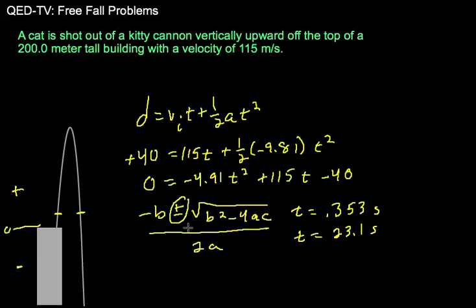There might have been a little easier way to solve the problem. We could have figured out our final velocity at both of these places, because the velocities at both these places will be equal, won't they? They're at the same place. They'll be equal but opposite sign.